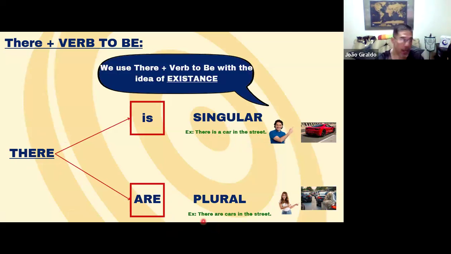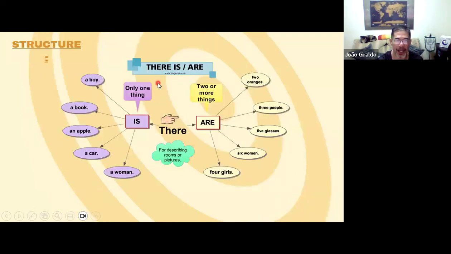So for example, there are cars in the street. So more than one, plural. If it's plural, are. If it's are, there are. Okay, there are cars in the street. Okay, very simple the idea.